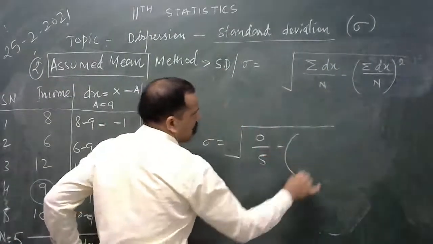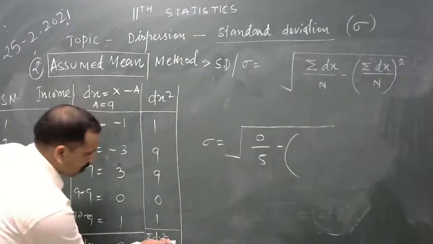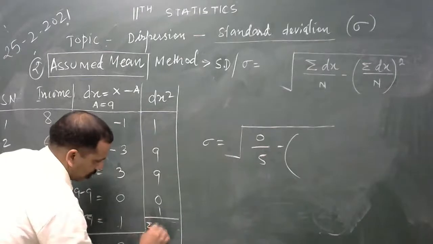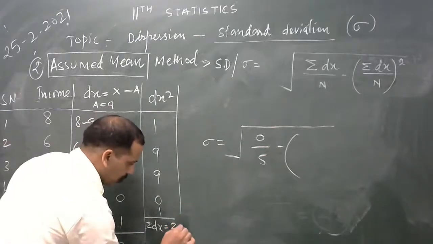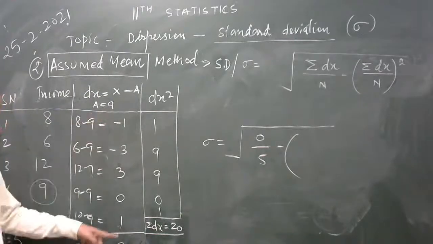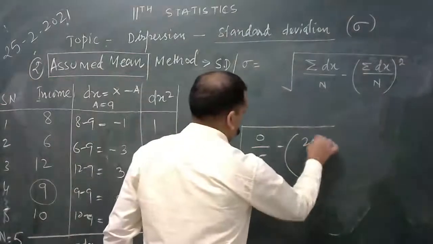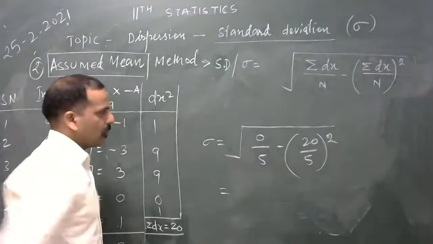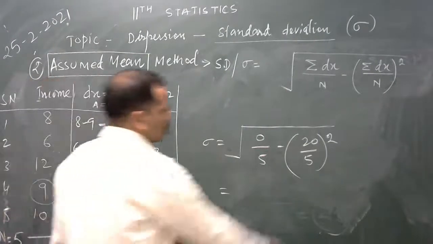Summation dx square is 20, so 20 upon 5, and the whole thing squared, 4 into this bracket.